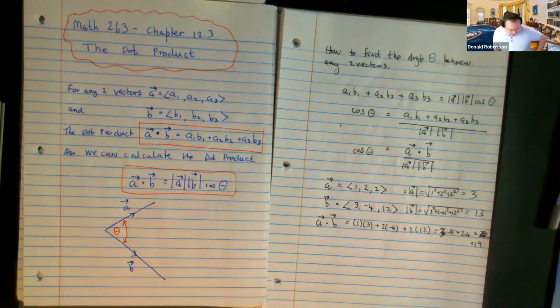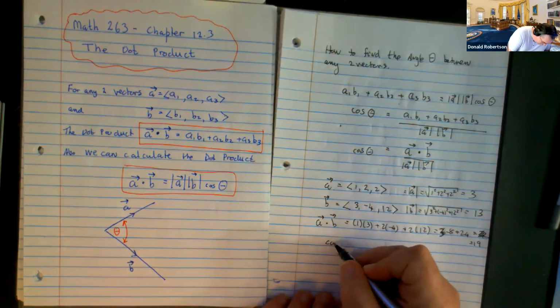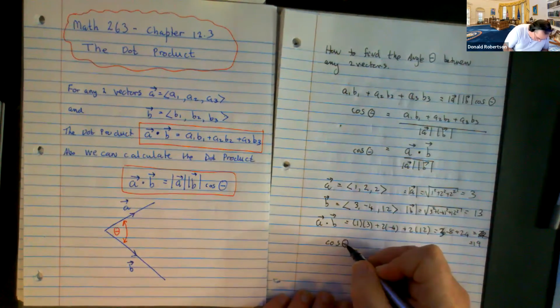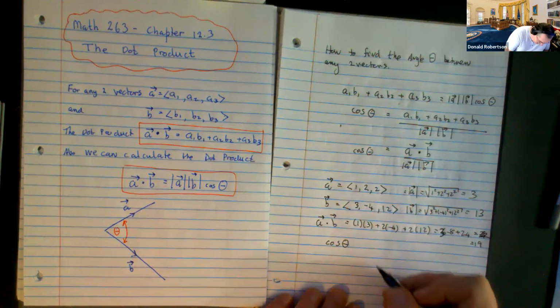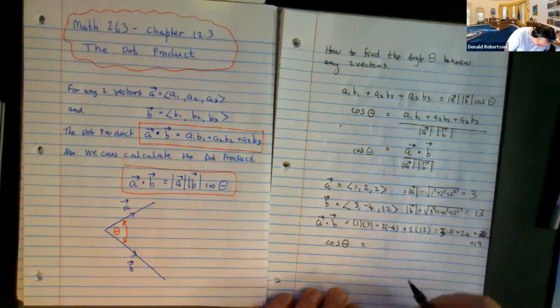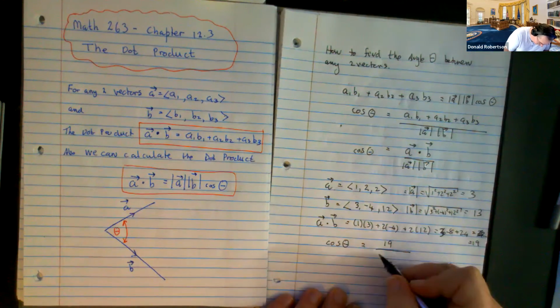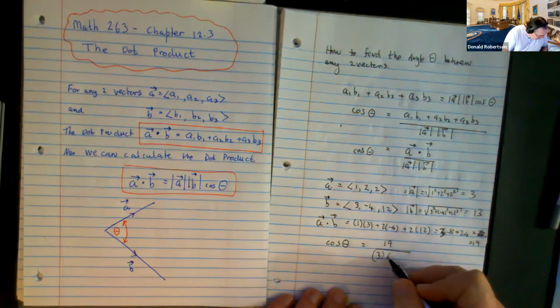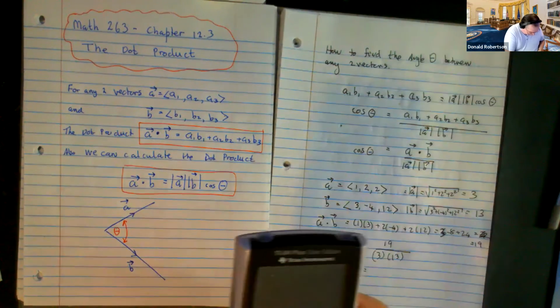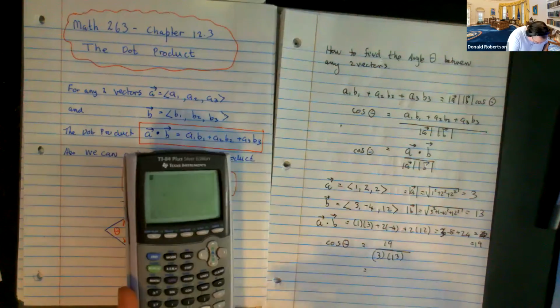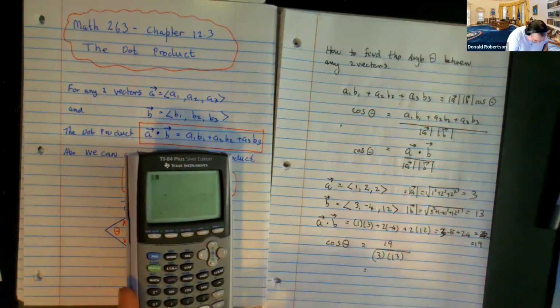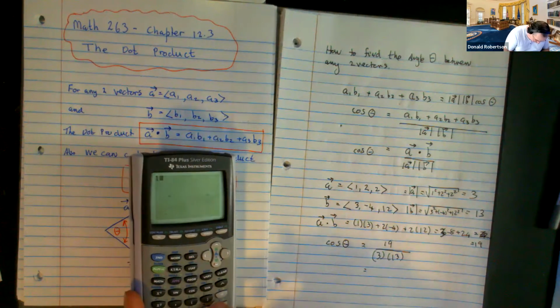So you put the package together and you're going to get that the cosine of the angle between them, theta, is the dot product, 19, divided by the magnitude of both of them. Well, let's just take it one step further.